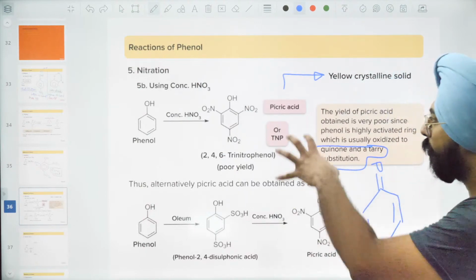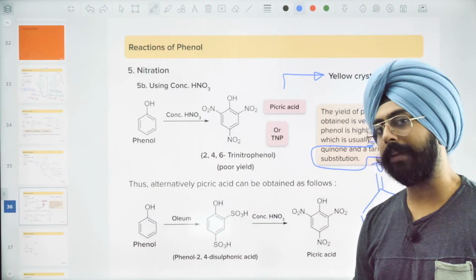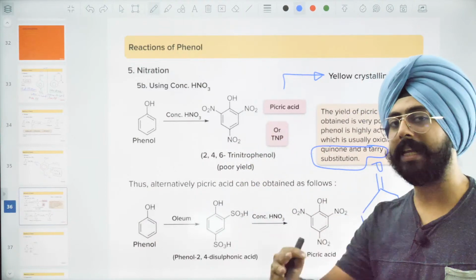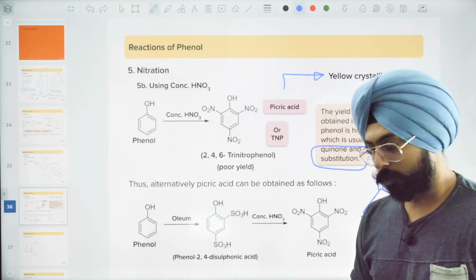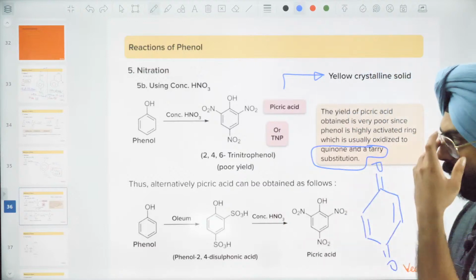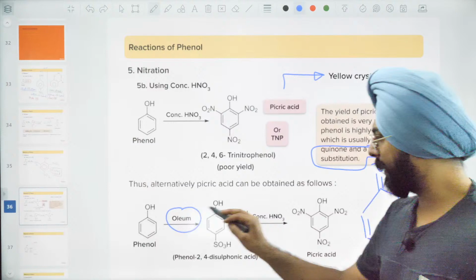So the yield of this trinitrophenol, the yield of this picric acid is very bad when we are using just concentrated HNO3. So there's a better way of creating picric acid in the laboratory if you want. First do sulfonation and then do nitration.